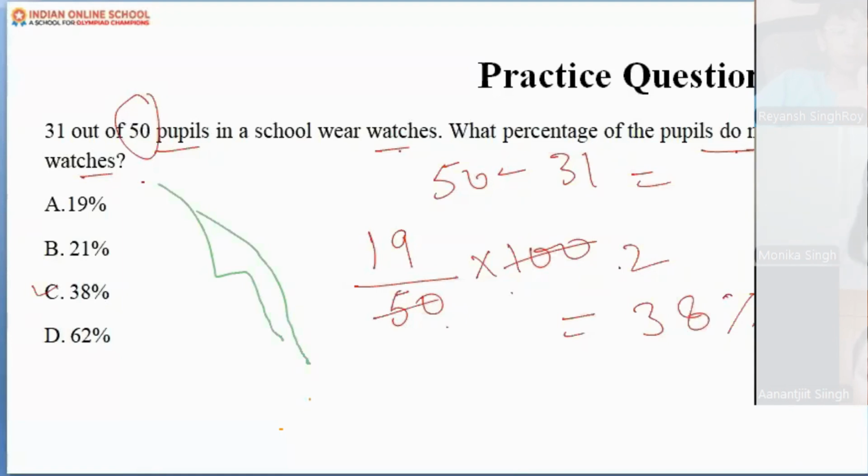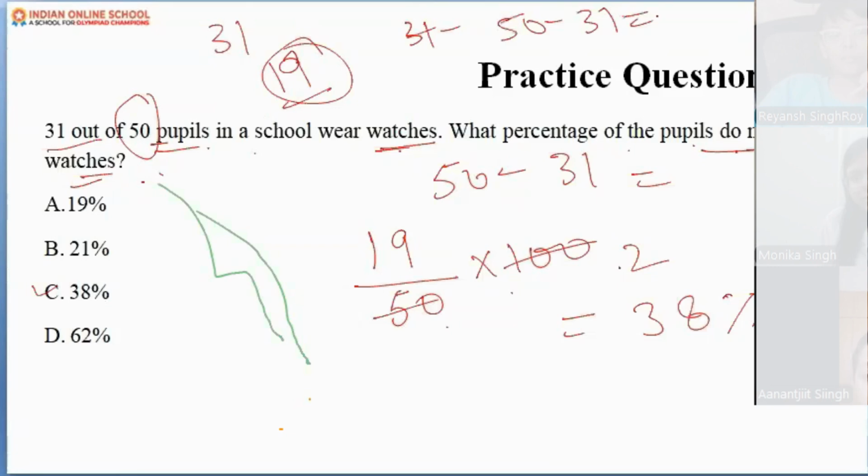You didn't understand. Okay? So our question is, 31 out of 50 pupils in a school wear watches, and what percentage of pupils do not wear watches? When 31 wear watches out of 50, then 19 will be there who do not wear watches. 50 minus 31, we get 19.